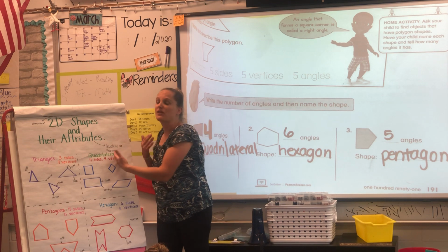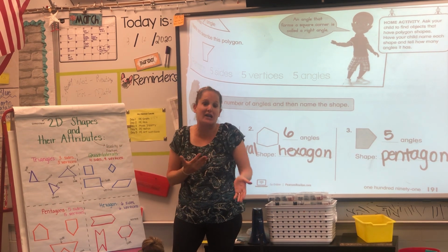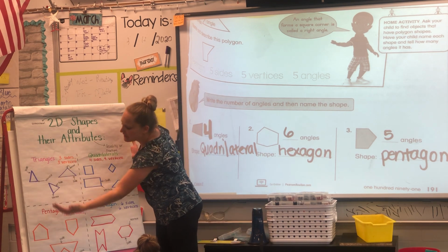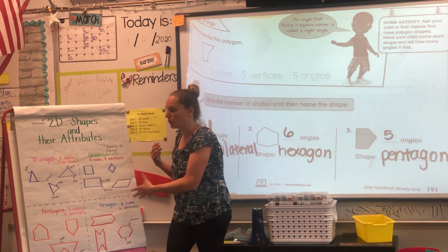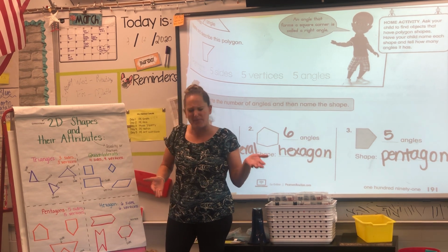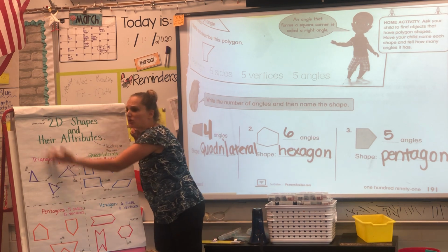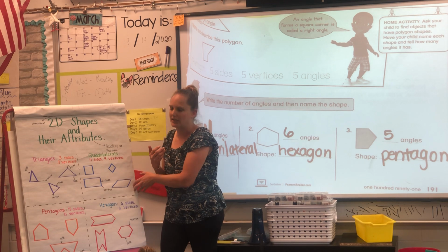It's like having your word wall. If it was on your word wall, you have to know how to spell it. So use the anchor chart as a reference for your numbers, because number 5, number 6, they get kind of tricky, big words. Look in your Schoology folder for the picture of this, and it will help you greatly.